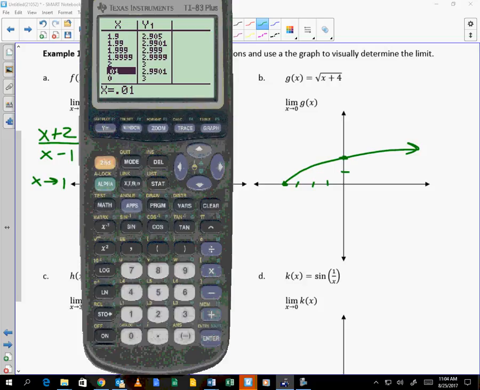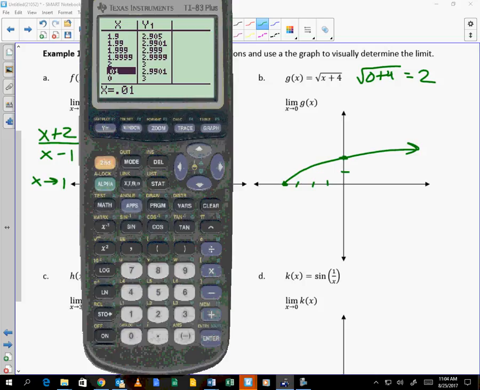Yep, we said that. It's okay. You're helping Ty. Okay, here we go. What is the x value approaching? 0. Let's plug in 0. The square root of 0 plus 4 is 2. And sure enough, if you look at the graph, it is approaching a value of 2. So the limit is 2.